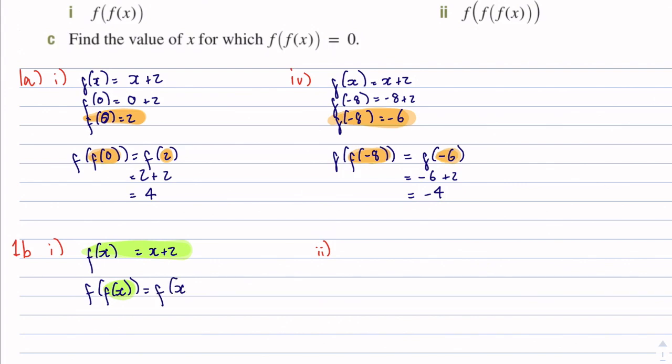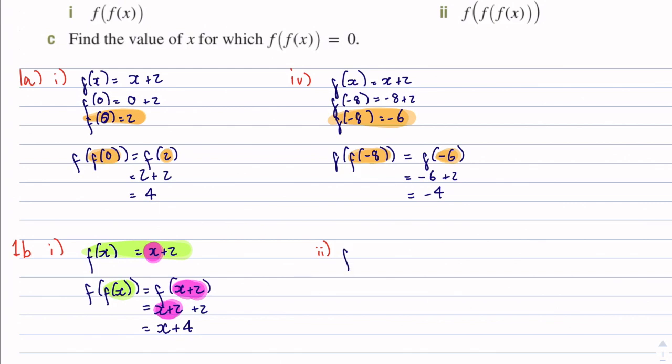F of x plus 2. What this means is that instead of x in my original equation, I'm going to chuck in x plus 2. So I've got x plus 2 plus 2. That x plus 2 is from my function, which gives me x plus 4.